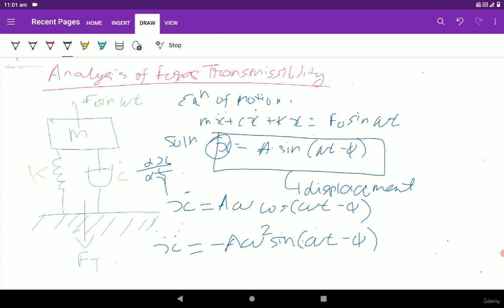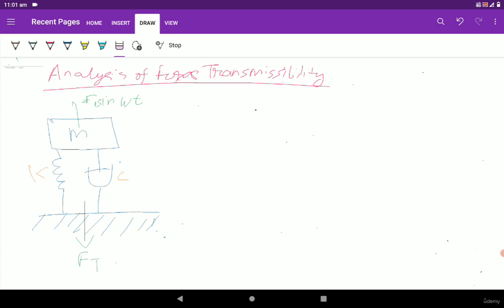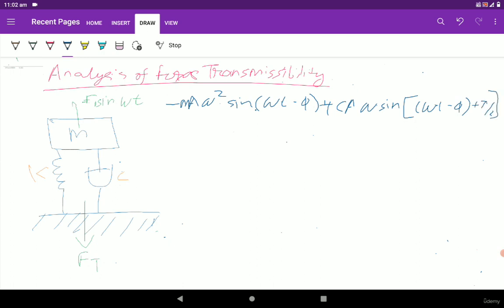Substituting the values of x dot and x double dot in this equation, we get a new equation: minus m A omega square sine (omega t minus phi) plus c A omega sine (omega t minus phi plus pi by 2) plus k A sine (omega t minus phi) is equal to F naught sine omega t.